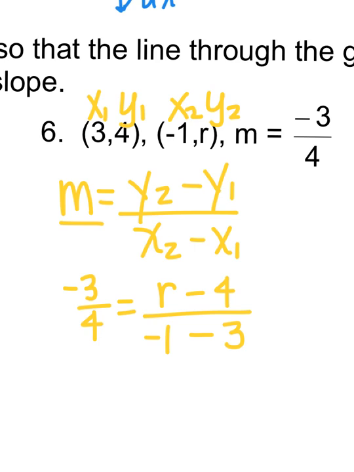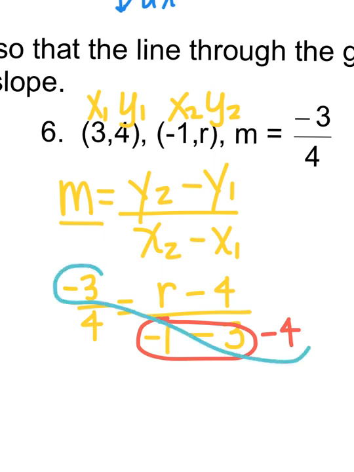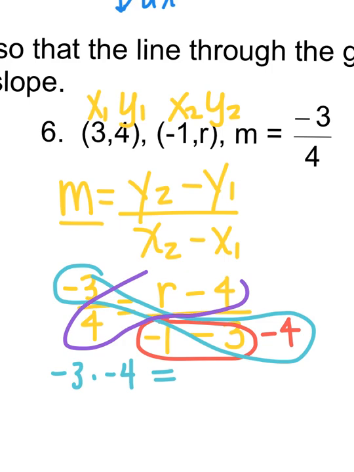So if you want to simplify this before you cross multiply, that is fine. And now let's cross multiply. So when we cross multiply, we have negative 3 times negative 4 is equal to the other cross product, which is 4 times r minus 4.